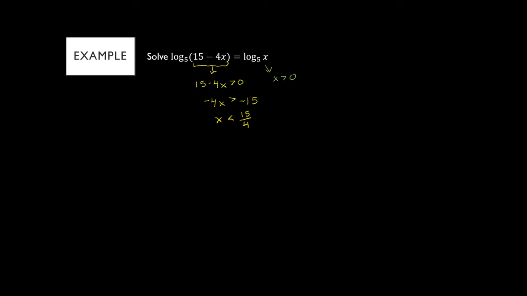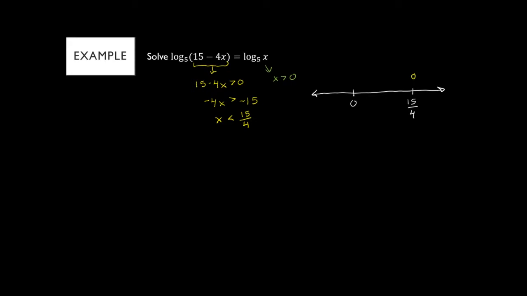So I'm going to draw my number line. The logarithmic stuff brings in all the things we learned in the first week with the linear inequalities. So I've got 0 and 15/4.